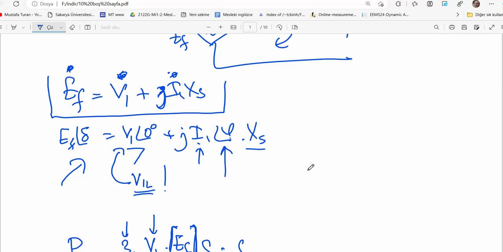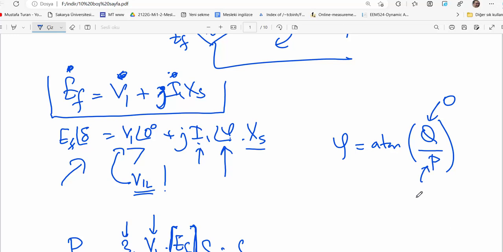Power angle or phase displacement is equal to arctangent of reactive power over active power. Here reactive power is 0 and power is 1000 watts. So phase difference is 0. Machine is operated as a pure ohmic generator.